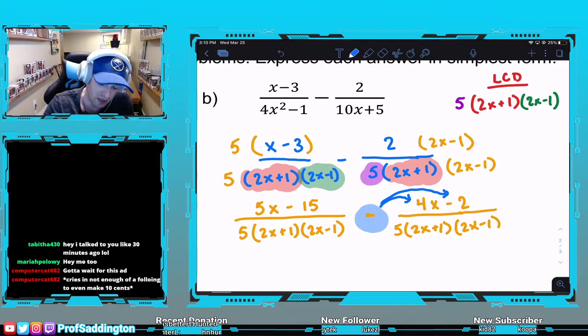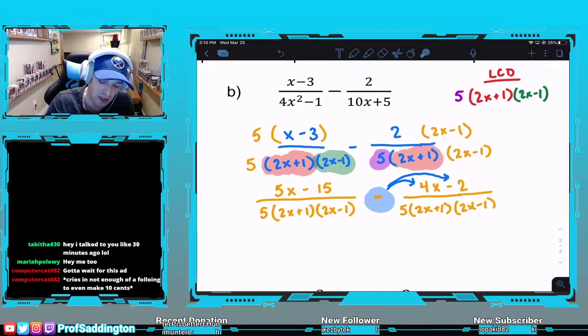So what I'm going to do is say 5x minus 4x. I'm taking this 5x and combining like terms. 5x minus 4x is really just going to give us x. Now I'm looking at this -15. This is saying -15 minus -2.